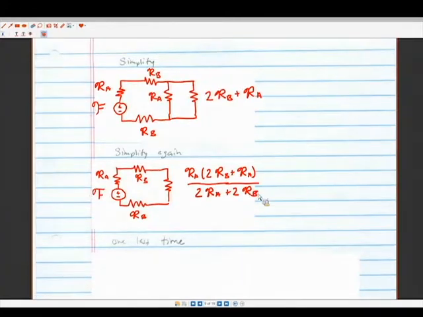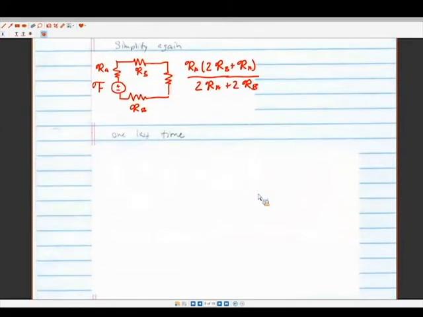All right, and then one last time, we now have everything in series. All four of these remaining reluctances are in series. So just like two steps ago, we can just add them all together, right? So we have a single, very simple circuit now, composed of a voltage source, or magnetomotive force, and a single reluctance.